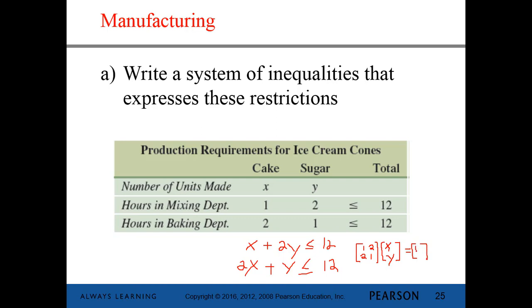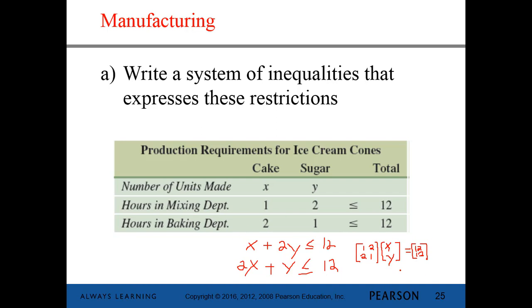So we have 12. This is not going to look pretty. 12, 12. And so this is how we would represent this system of equations as a matrix equation.